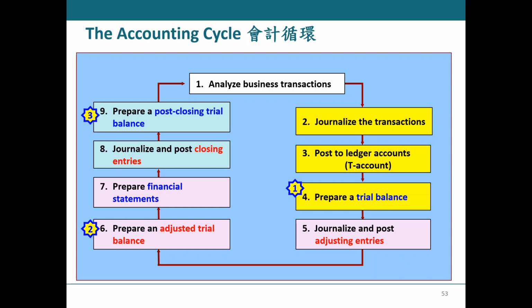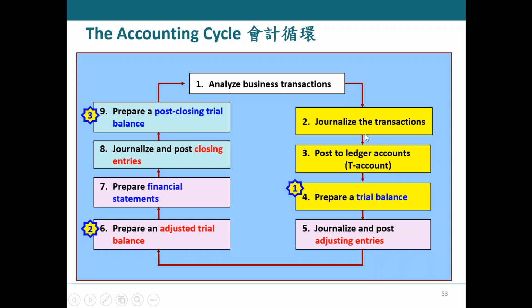Analyze transactions, right? After that, we understand the effects. Then we need to record it on 2 accounting books. Journalize the transaction means we record it on the first accounting book. Post to T account means we record it on the second accounting book, right?